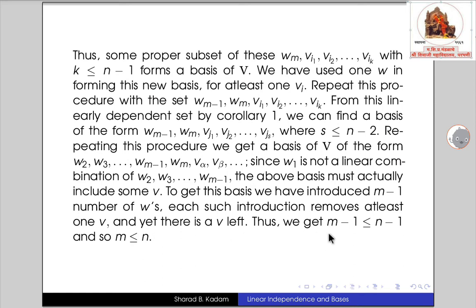Thus we get that m minus 1 is less than or equal to n minus 1, and so m is less than or equal to n. That means the number of vectors in a basis is always greater than or equal to the number of linearly independent vectors.